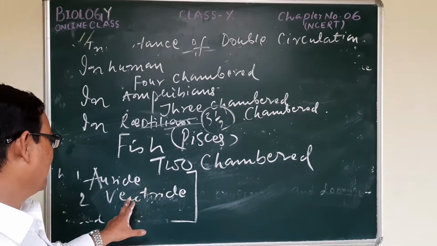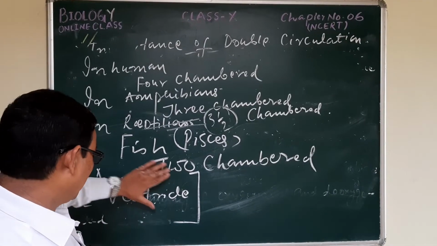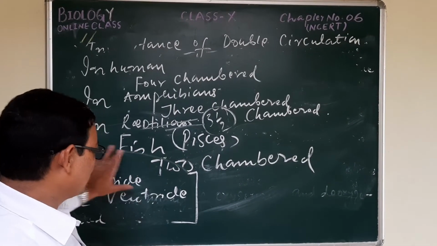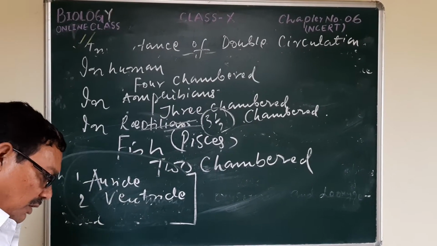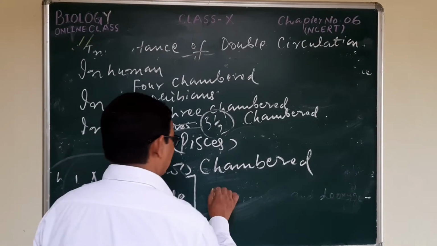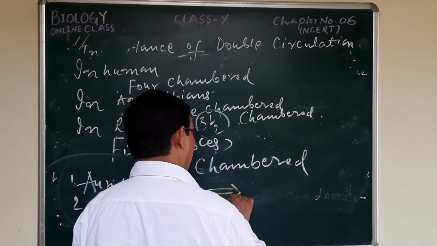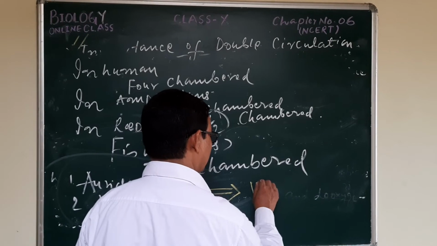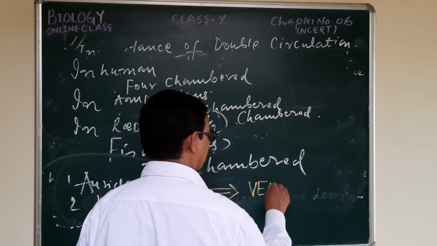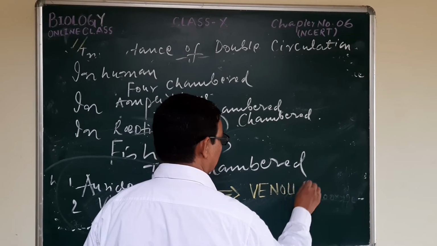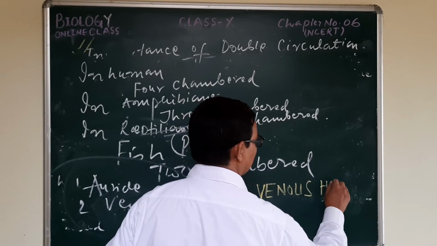That is why from the fish heart there is no circulation of oxygenated blood. That's why the heart of fish is known as the venous heart.